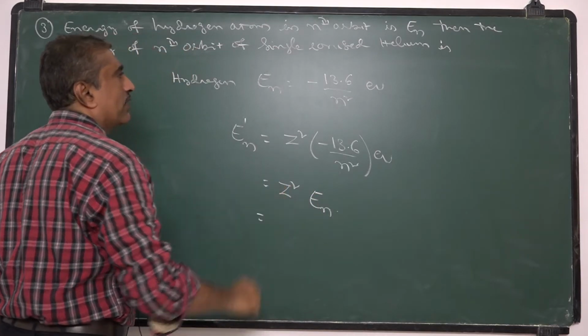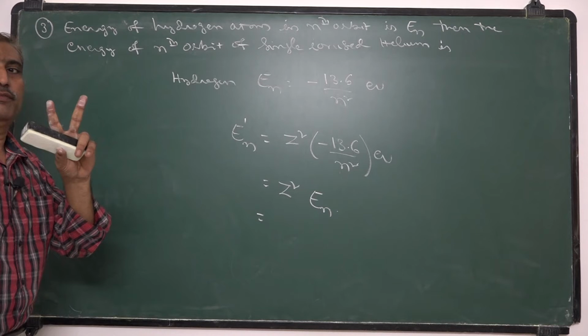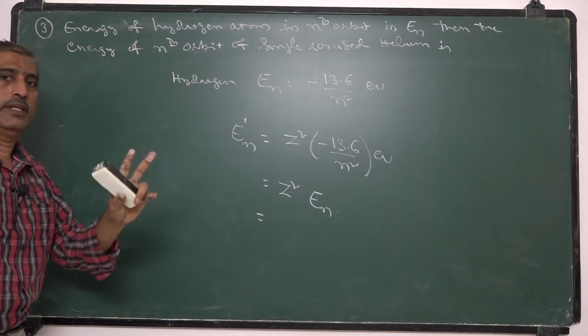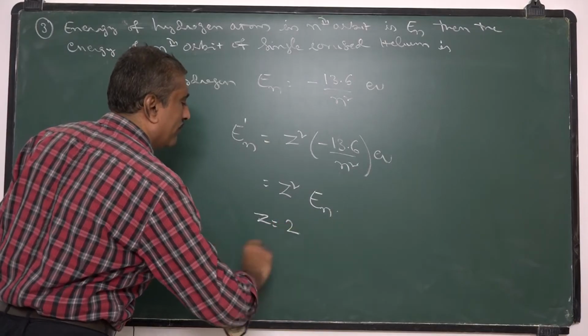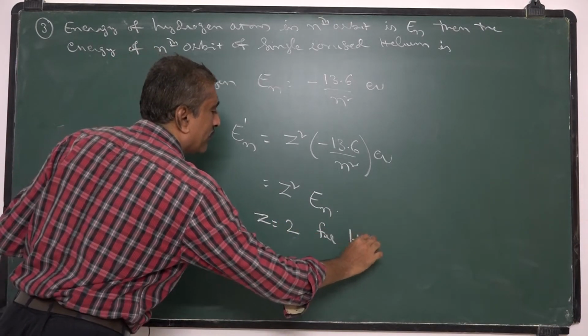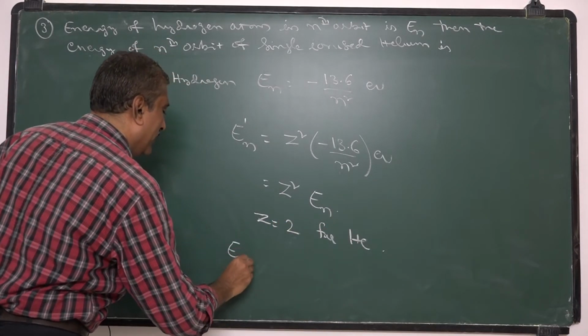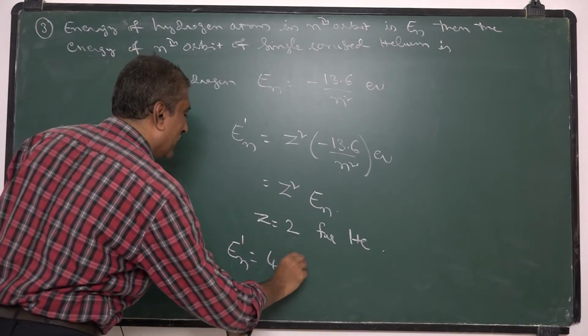But Z for helium atom, the number of protons in the helium atom is 2. So Z is equal to 2 for helium. So En dash is equal to 4 En.